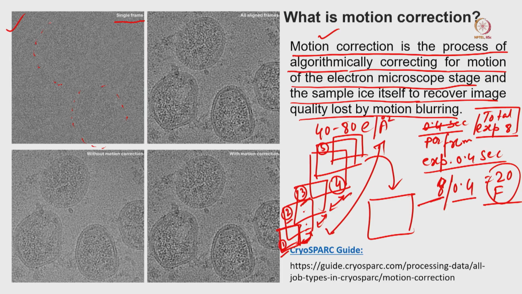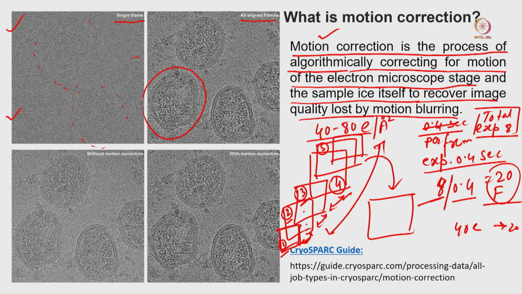Because the overall electron dose is very low in one particular frame, as the total electron dose is 40 to 80 electrons. If you have 40 electrons for 20 frames, per frame you have only 2 electrons. That is the reason your individual frames are not good contrast, but when you align all the frames, you can see this looking very crispy.